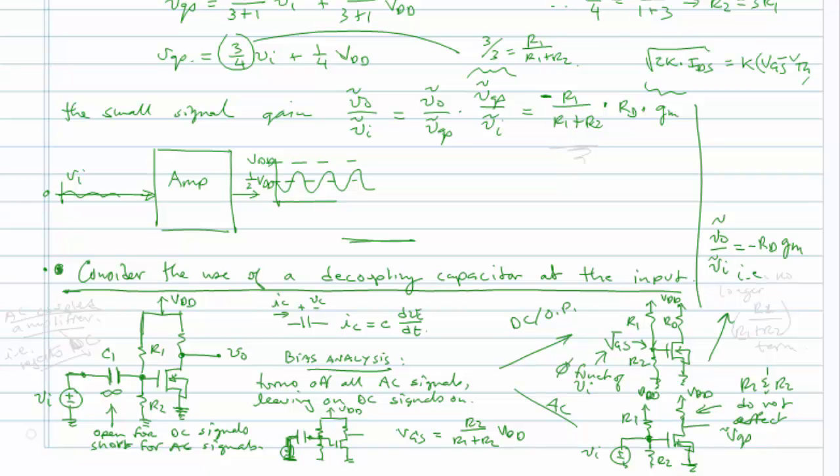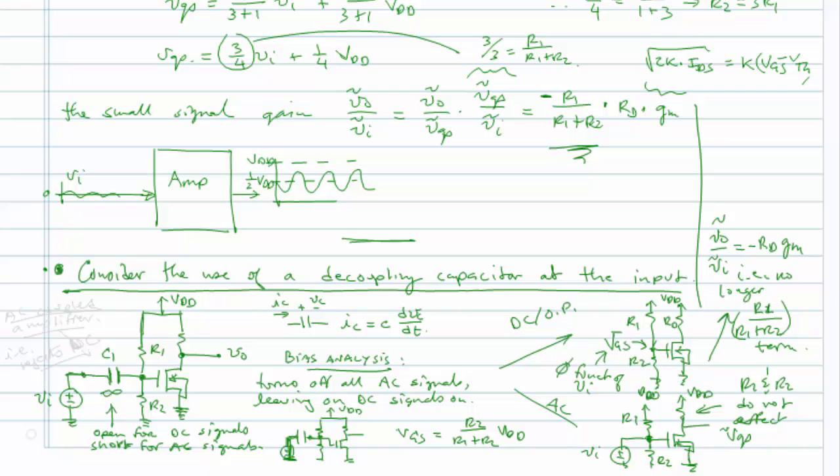In other words, no longer do we have the R2 over R1 plus R2 attenuation term that we had back up here. That term reduced the voltage gain of this amplifier a bit.